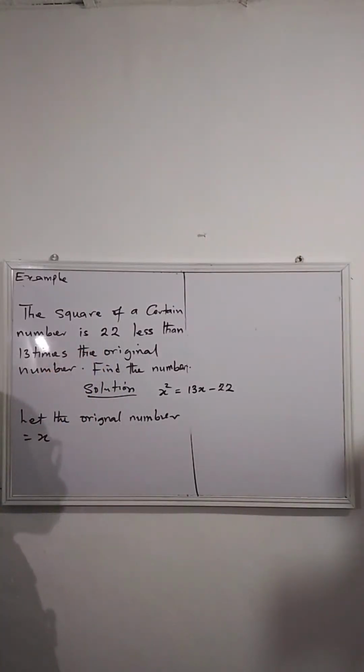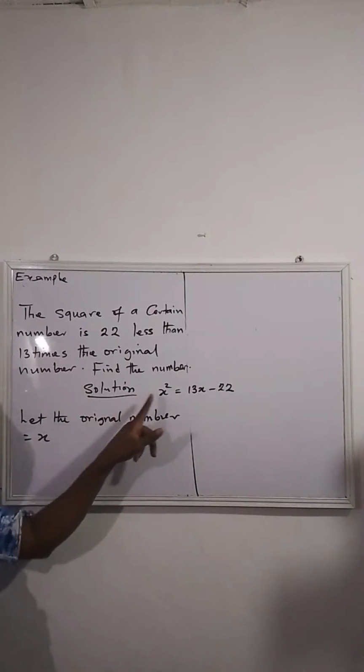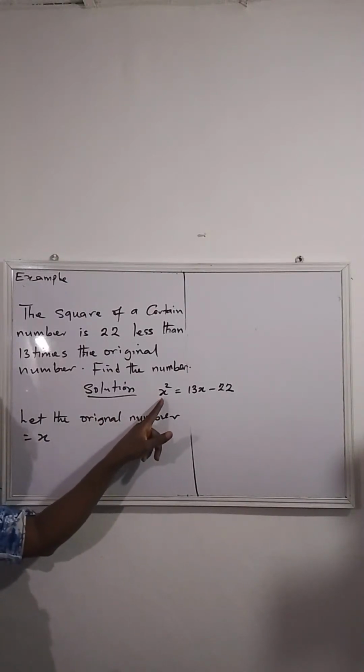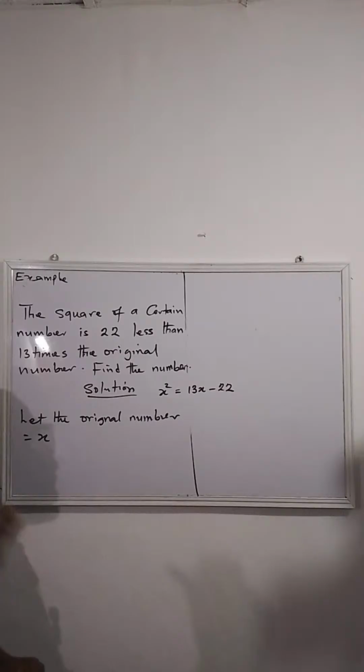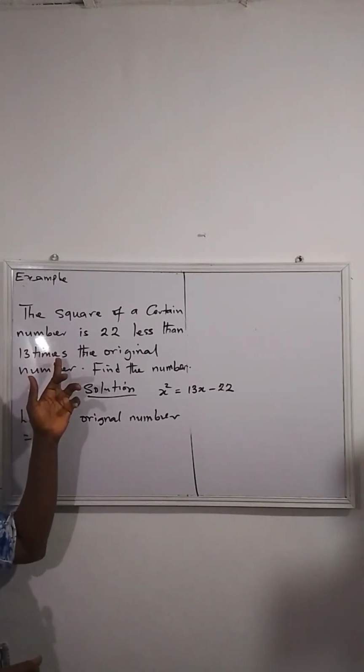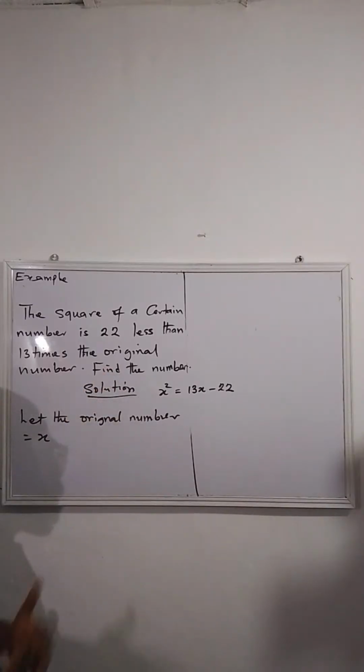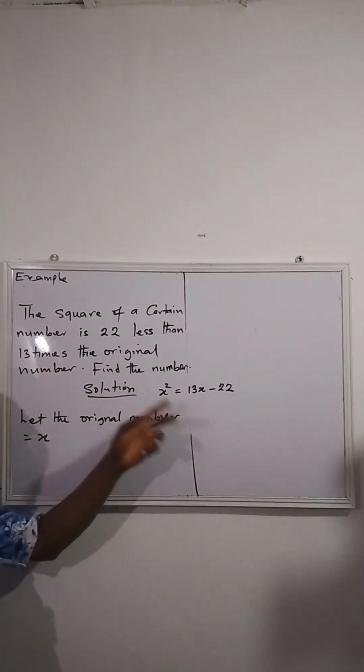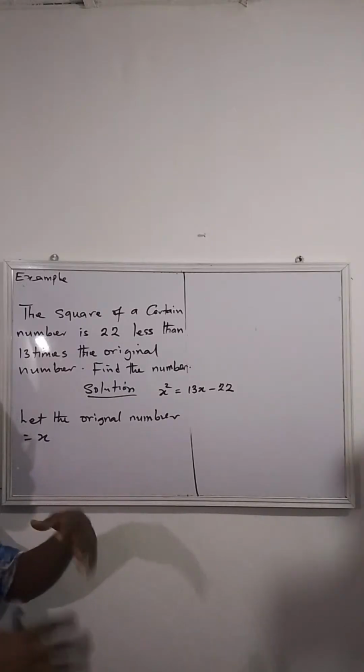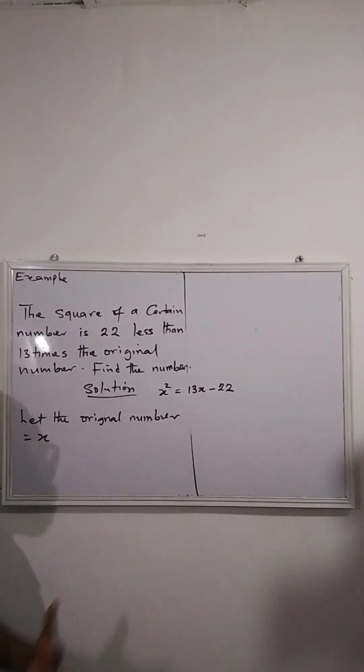I will go through it again. The question looks tricky. The square of a certain number is 22 less than 13 times the original number. So that means that is equal to 13 times the certain number minus 22.